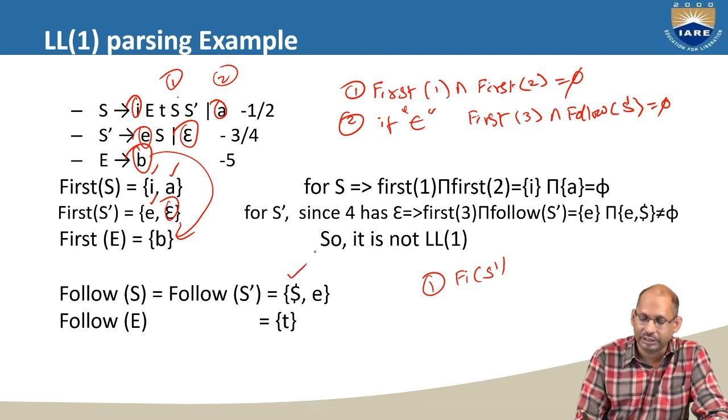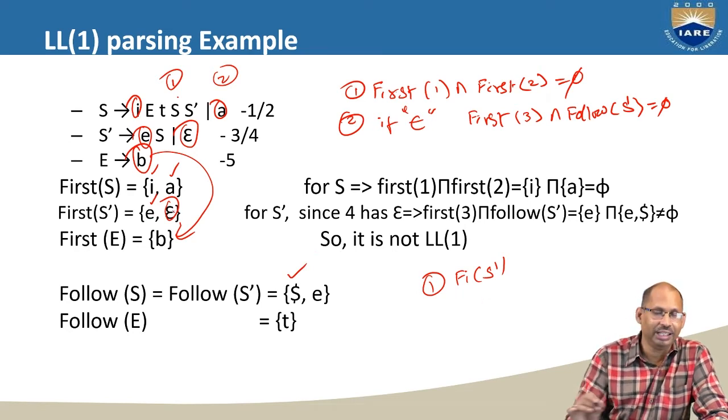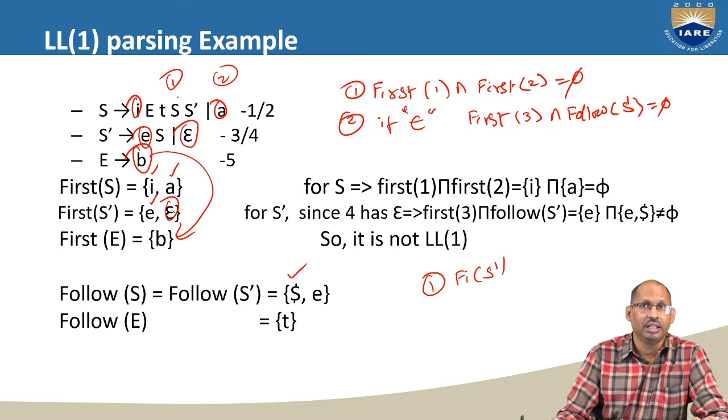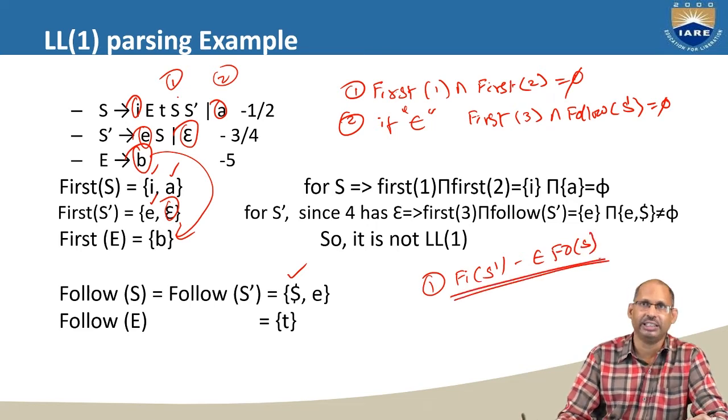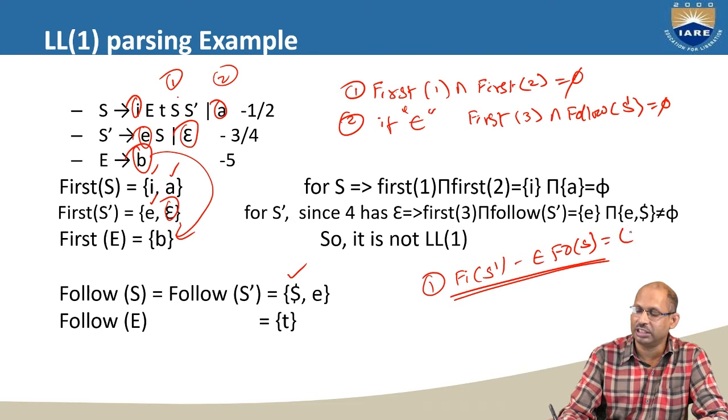One is the dollar sign. What is the first of S dash? e and epsilon. In that case, minus epsilon, union follow of S, which finally results in e only.